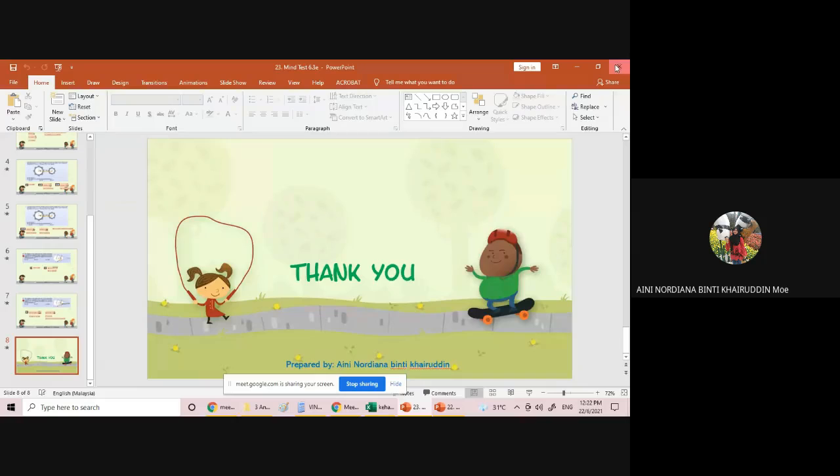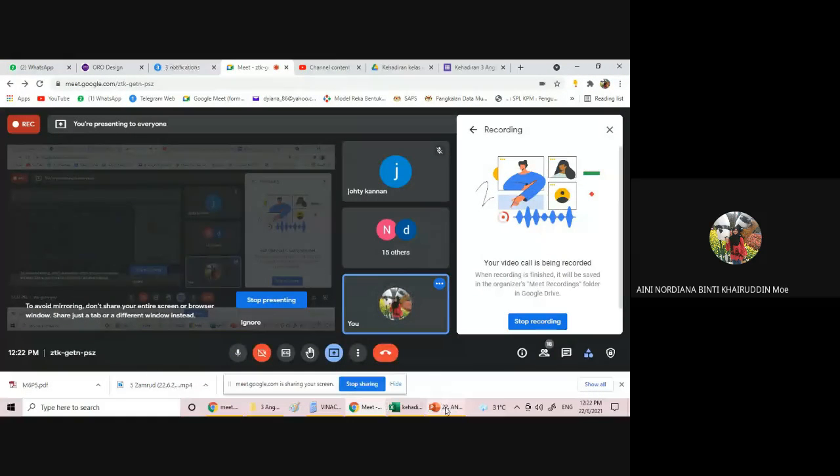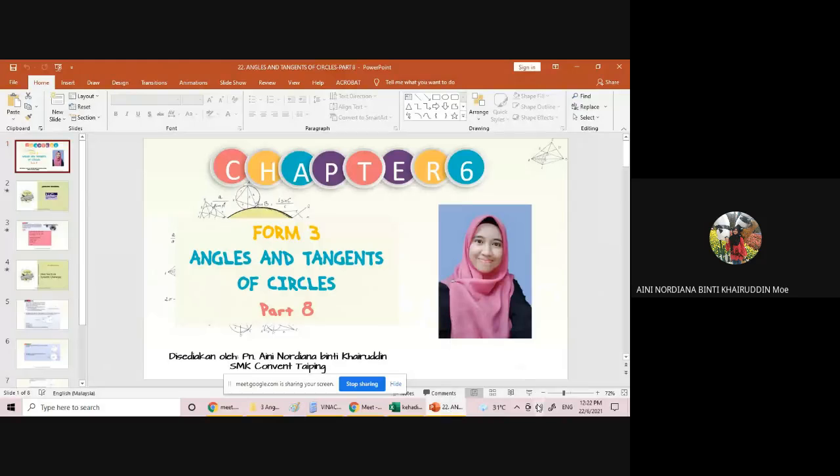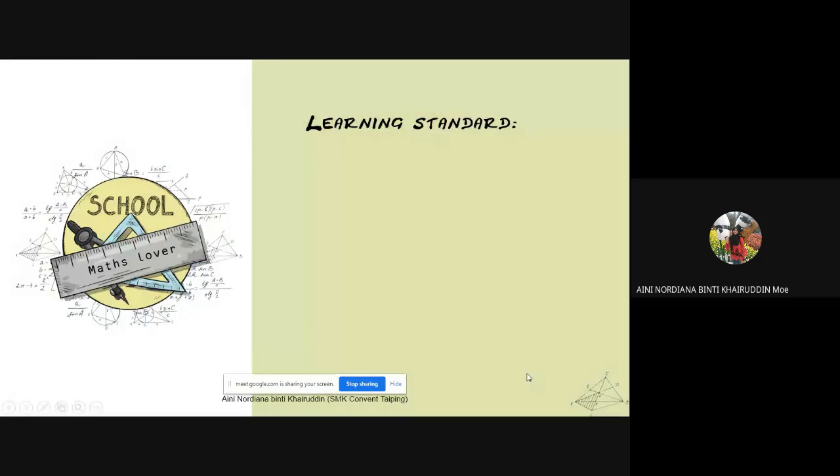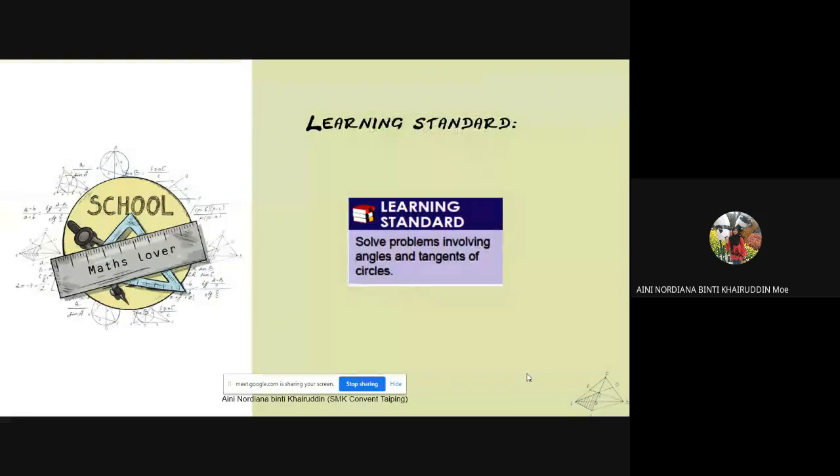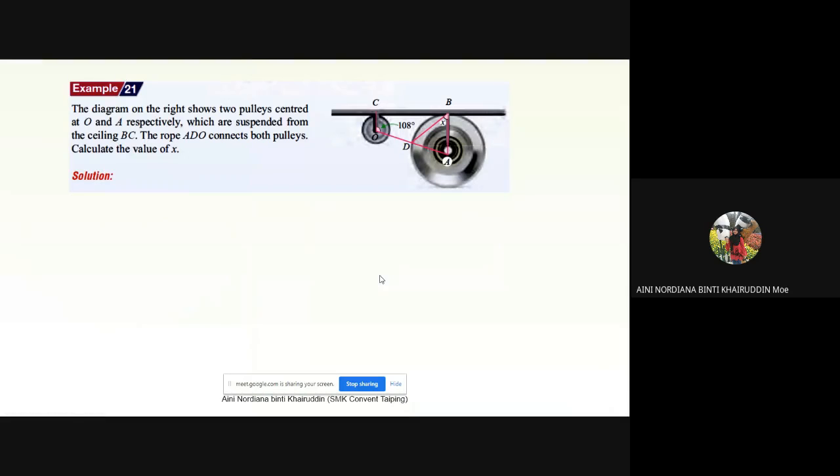Okay, now we proceed to the last subtopic for this chapter. So our learning standard for today's lesson: solve problems involving angles and tangent of circles. So actually we have finished all the subtopics for this chapter.